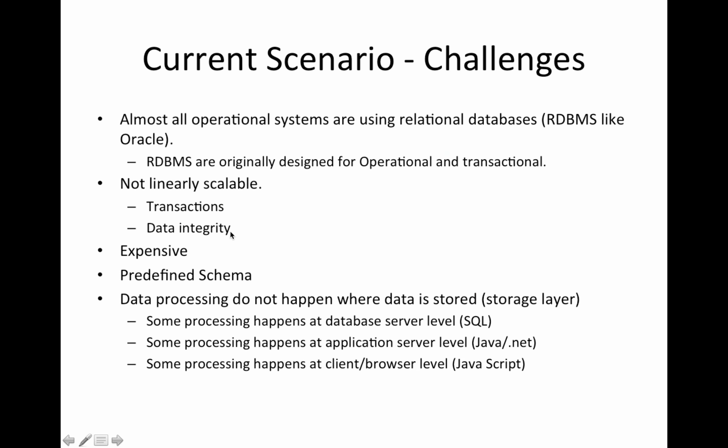And the other one is data integrity. So when you think about RDBMSs, you have concepts like check constraints, referential integrity constraints, and all those things, and they also make applications not linearly scalable.